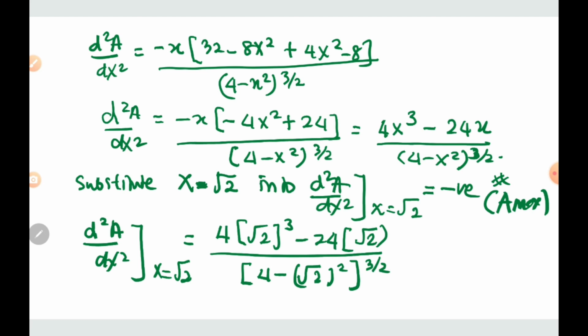Then simplify, you will get √2 times √2 times √2 is 2√2.